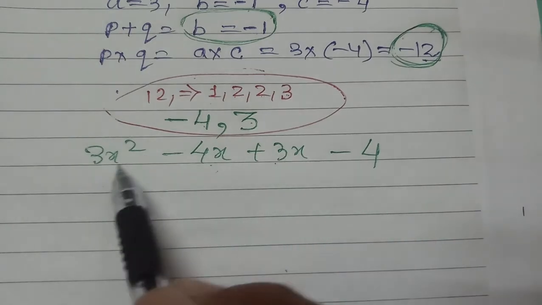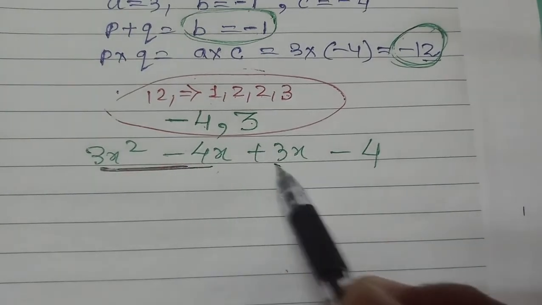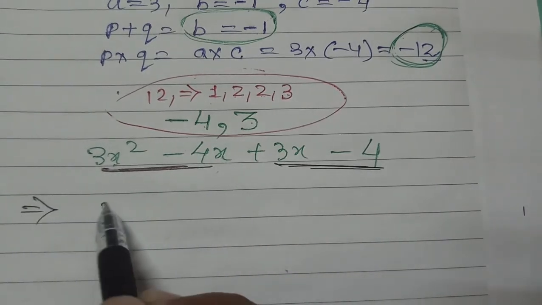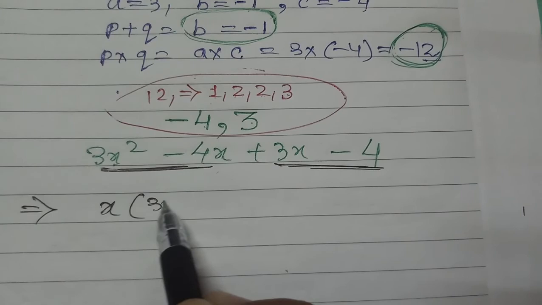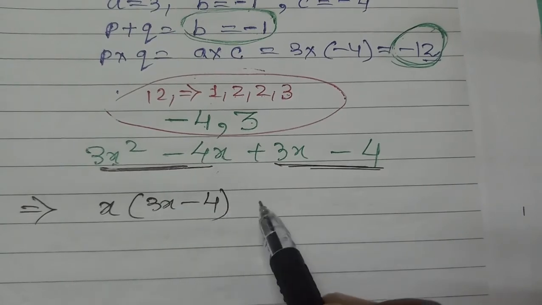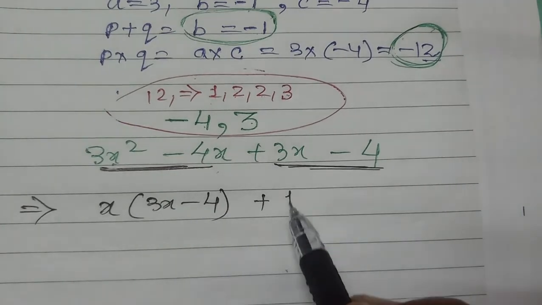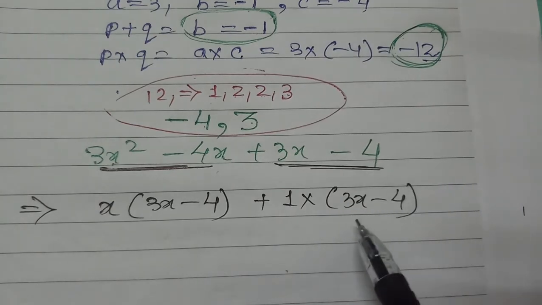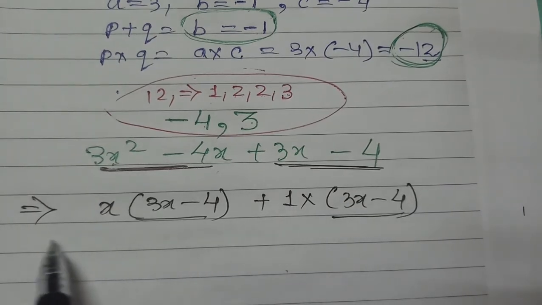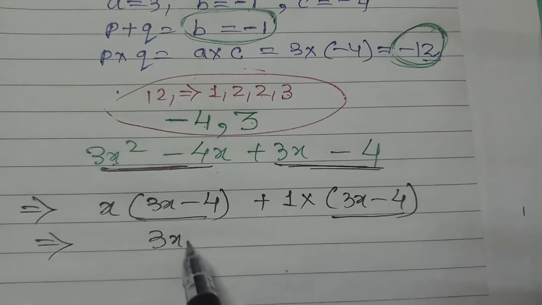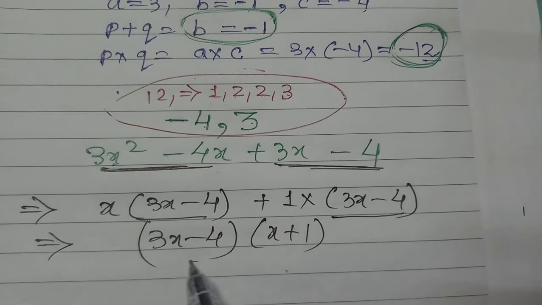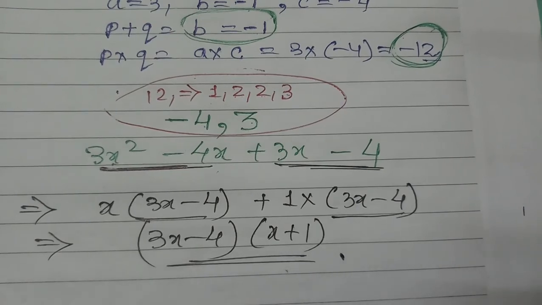Take pairs: these two together and these two together. What is common here? x. If we take common x, then 3x minus 4. What is common here? 1. 3x minus 4. Now 3x minus 4 is common to both, and we can write inside x plus 1.